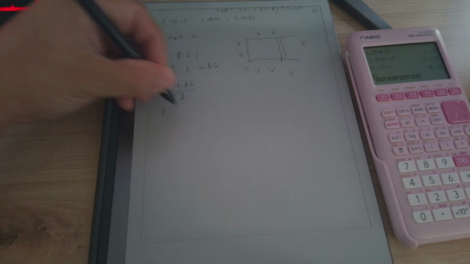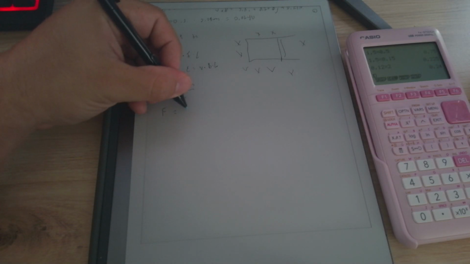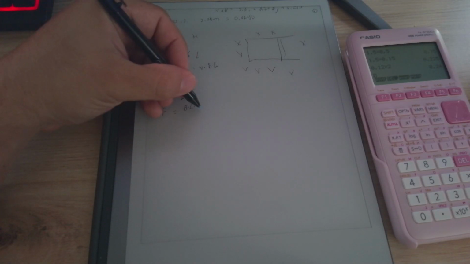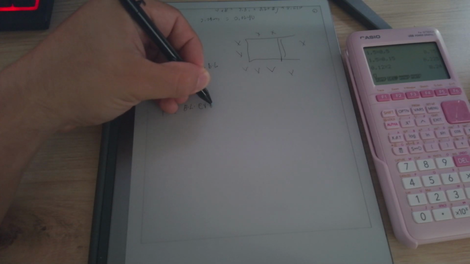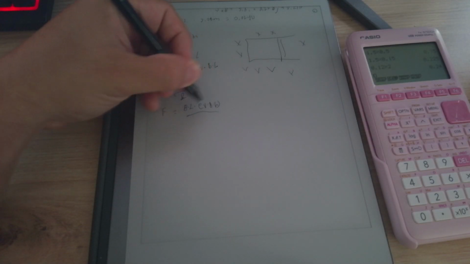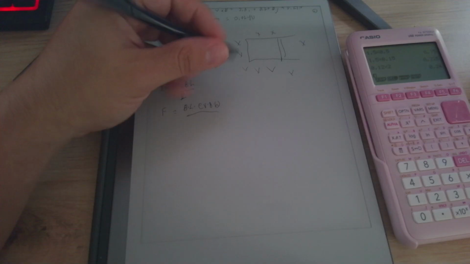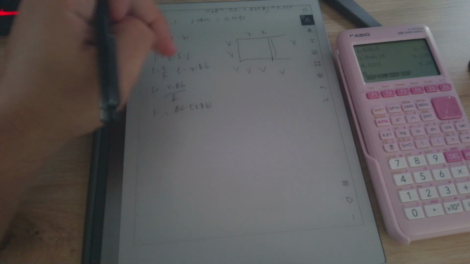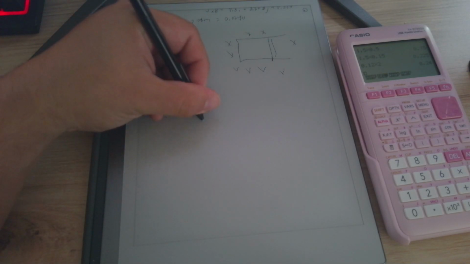So force is equal to our field times length multiplied by current, which is now velocity times field times length divided by resistance.